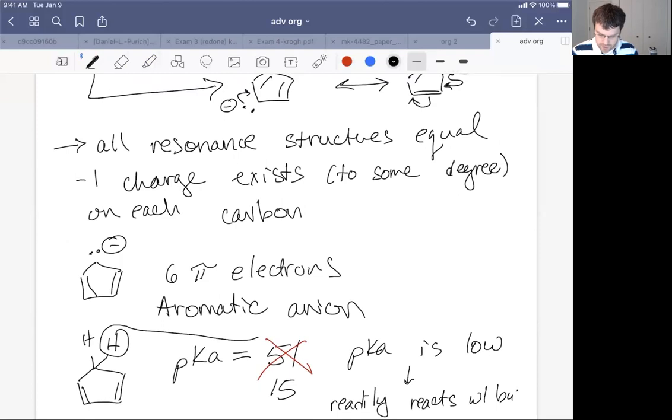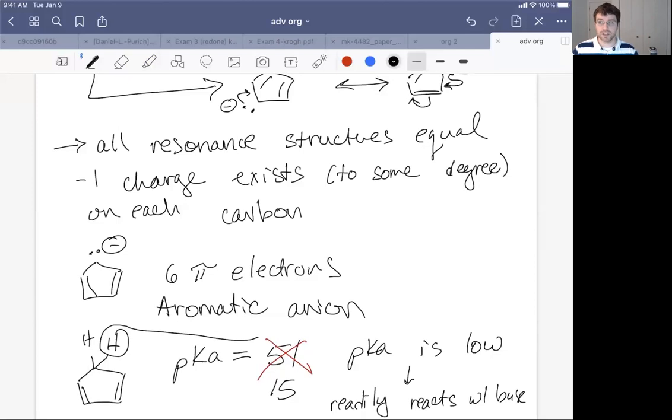Now I'm not going to call this a strong acid by any means, but I'm just saying that generally if you want to let a base react with a carbon as the acid, that base has to be pretty strong, strong enough to deprotonate something with a pKa of 51, or react with something with a pKa of 51. Here, we're saying that the base doesn't need to be as strong of a base. It could be as weak as a hydroxide or an alkoxide, which I realize is a strong base by the definitions of aqueous Bronsted acid-base stuff.